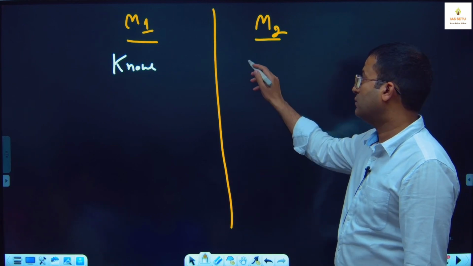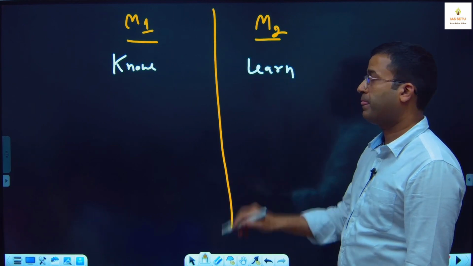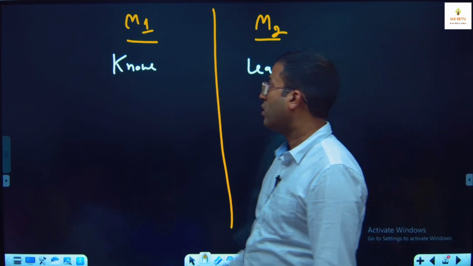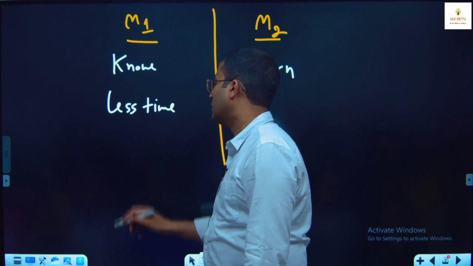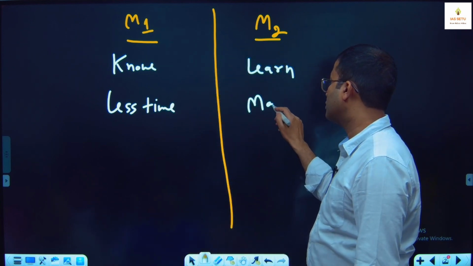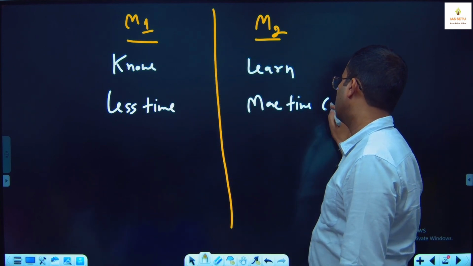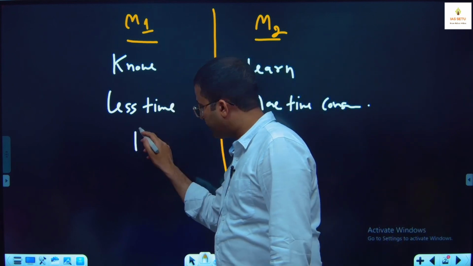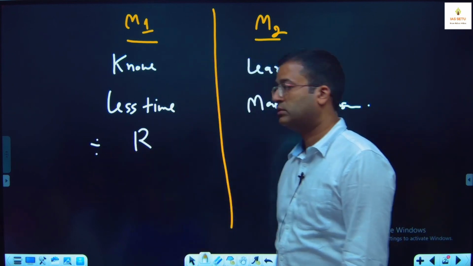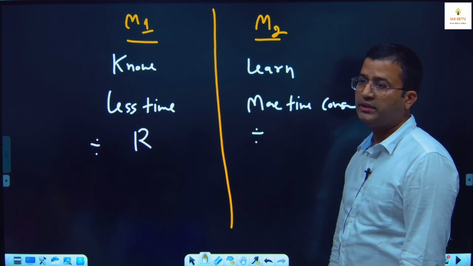Method 2 we have to learn. It is less time consuming. This is more time consuming. This tells you the remainder and divisibility both. This just tells you divisibility, no remainder.